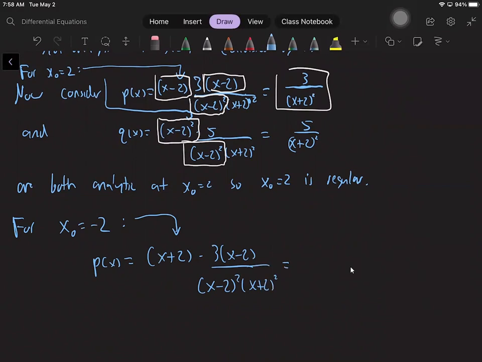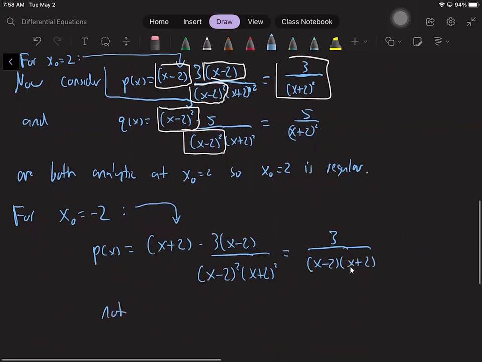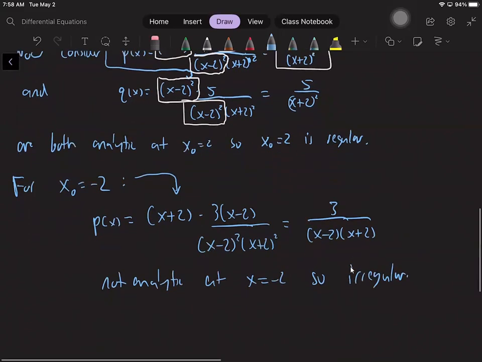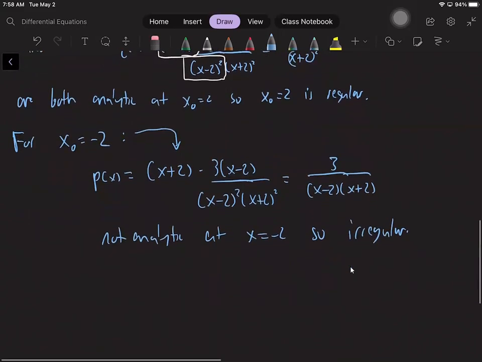Now, when I'm finished canceling everything out, I'm still going to have an x plus 2 on the bottom, so it's not analytic there. So it's irregular. Didn't pass the little test. So I don't even have to check the second part of the test because it's got to pass both.